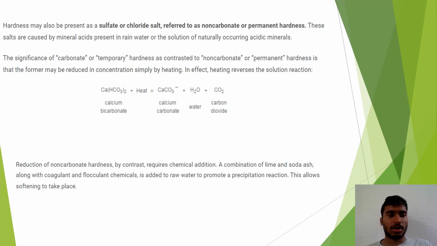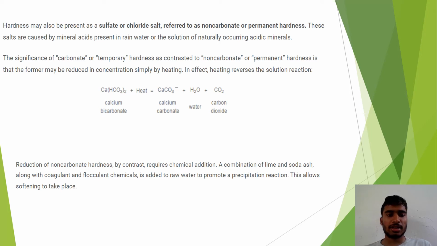Hardness may also be present as a sulfate or chloride salt, referred to as non-carbonate or permanent hardness. These salts are caused by mineral acids present in rainwater or the solution of naturally occurring acidic minerals. The former, carbonate hardness, may be reduced in concentration simply by heating.